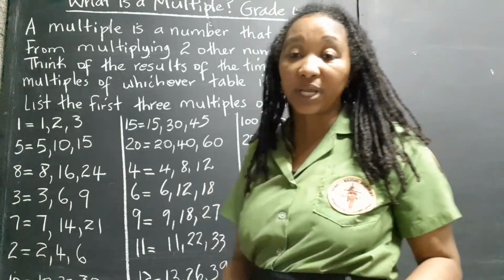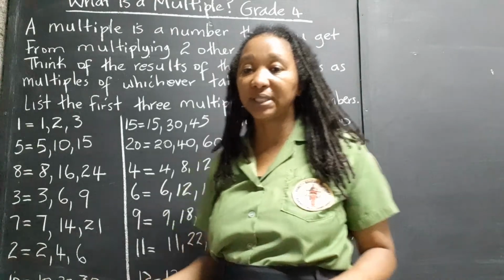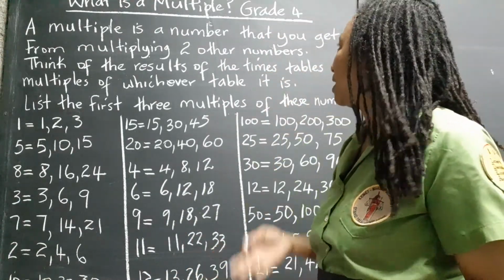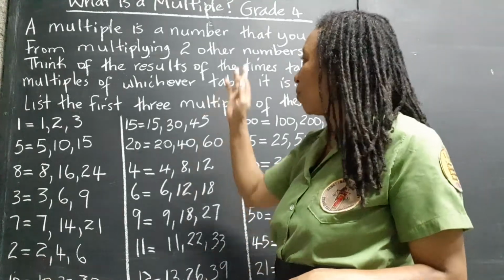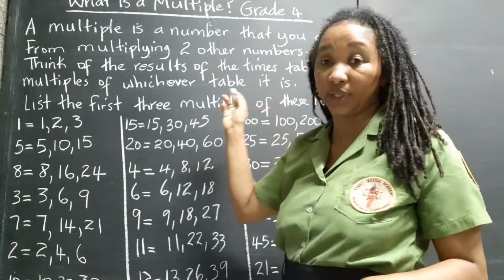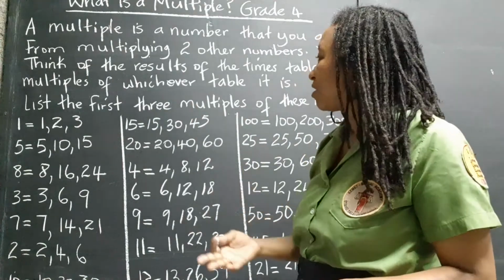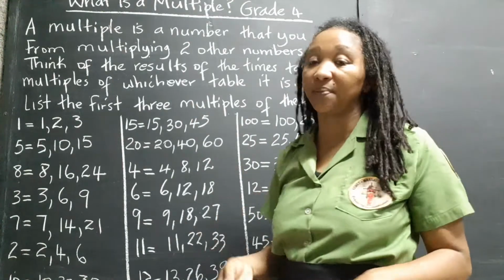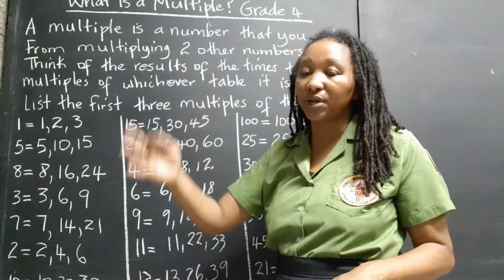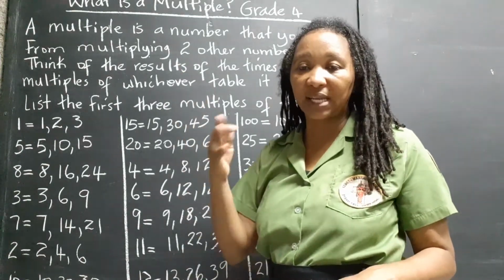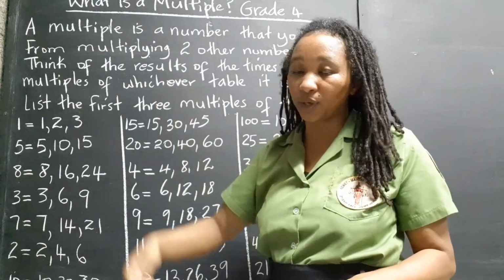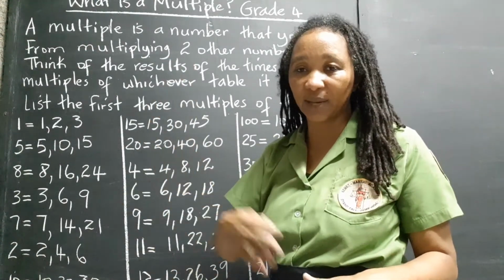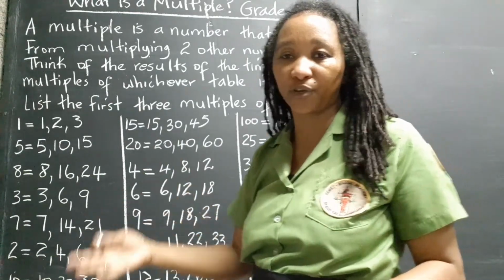Alright, so just to recap, to refresh ourselves on what we have said right now, a multiple is a number that you get from multiplying 2 other numbers. Think of the results of the times tables as multiples of whichever table it is. So all the results along the side of the 9 times table, all those numbers at the end, 9 times 1 gives 9, 9 times 2 gives 18, 9 times 3 gives 27, 9 times 4, 36.